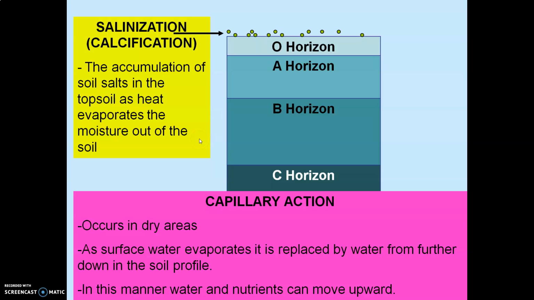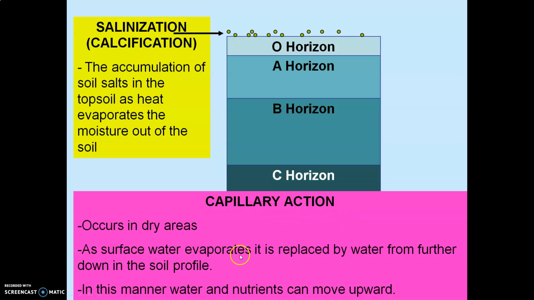Then we have capillary action. Now, capillary action occurs in dry areas. Remember, I've been talking about the idea that in very dry conditions, water or minerals can be called back to the horizon above it. Well, it is that movement upward, that calling back, that is capillary action.